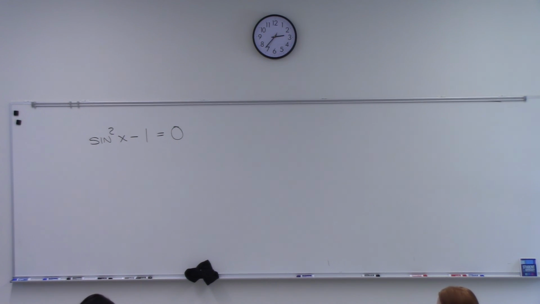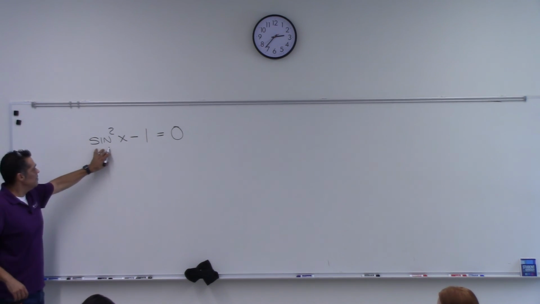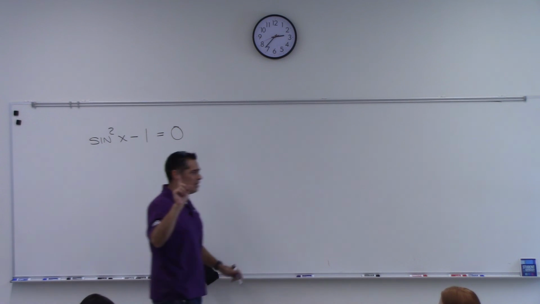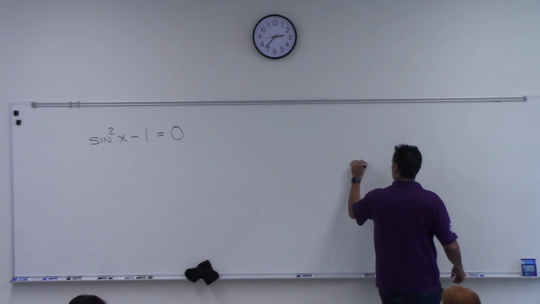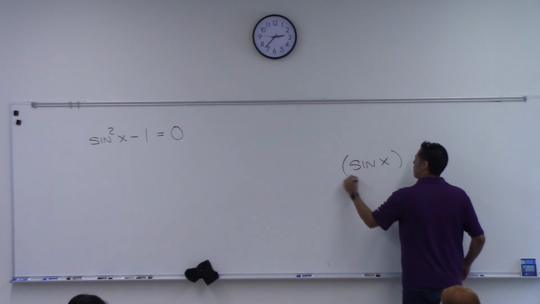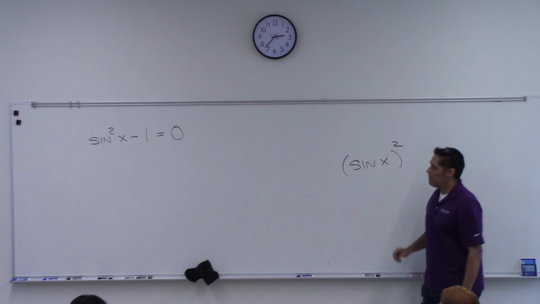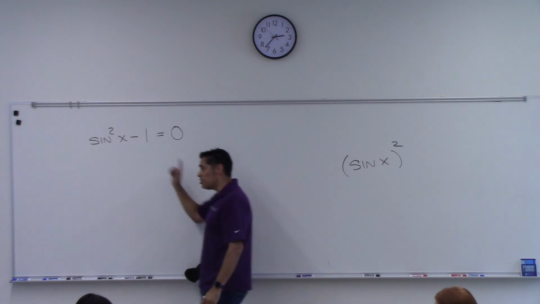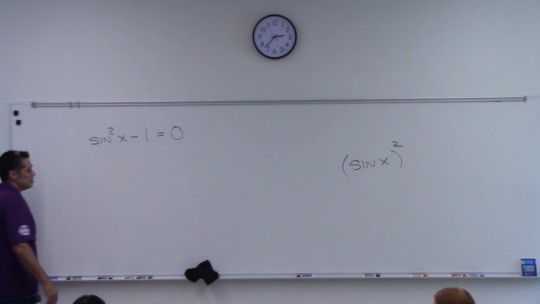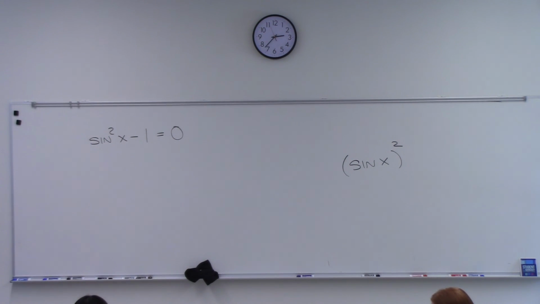Solve, give me all the solutions of that equation. Now, this notation here, I showed y'all at least once in class that what that notation means is sine x squared. It's just a notation. It's actually a bad notation. I wish we didn't use that notation, but that's what we use, all right?